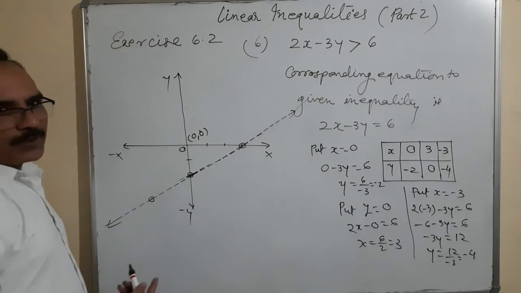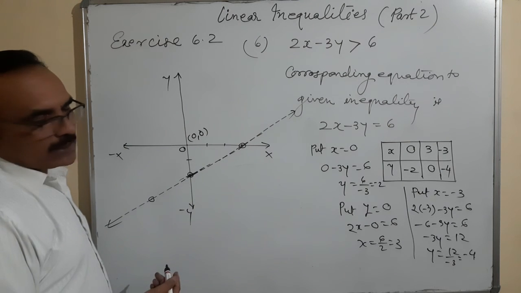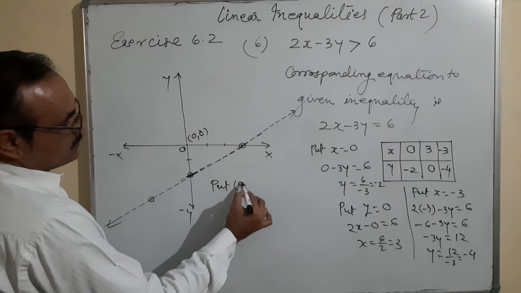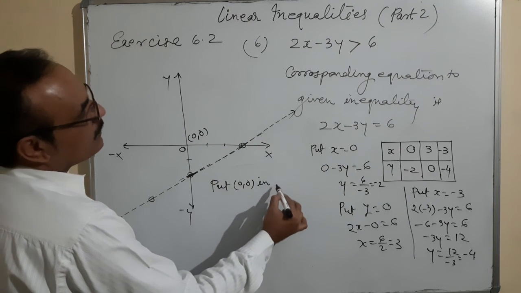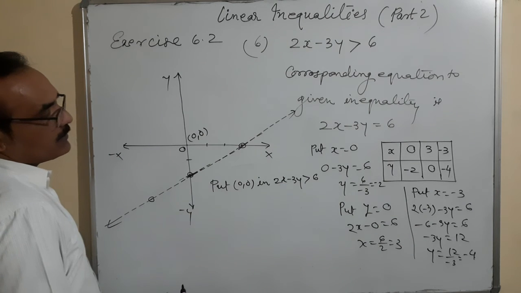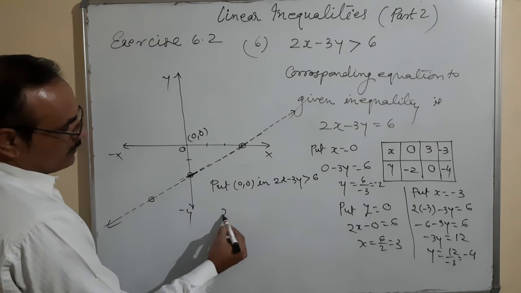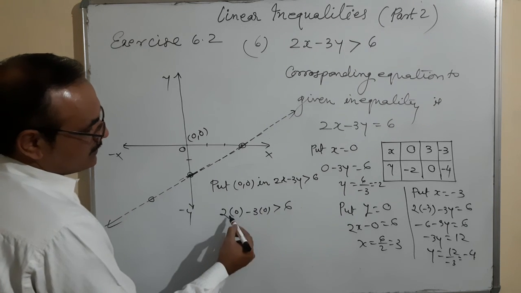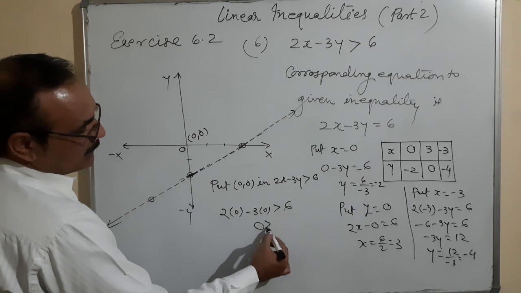X and y, simply I'll put 0 and 0, and let us check whether the condition is satisfied or not. Put 0, 0 in 2x minus 3y is greater than 6. Now let us see what happens. 2 multiplied by 0 minus 3 multiplied by 0 is greater than 6. So it is 0 minus 0, 0 is greater than 6.